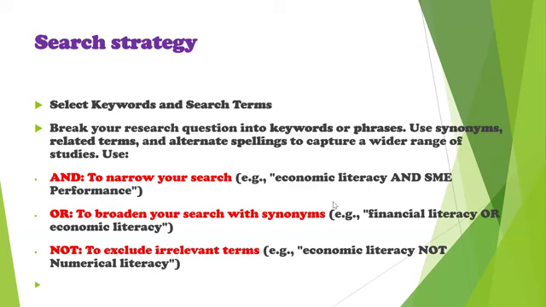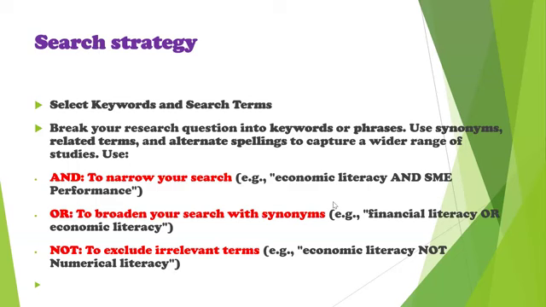If you go on the Scopus database or Google and search economic literacy, it can give you 20,000 or 40,000 publications, but by the time you refine it, maybe you will get 300 or 400 on economic literacy.